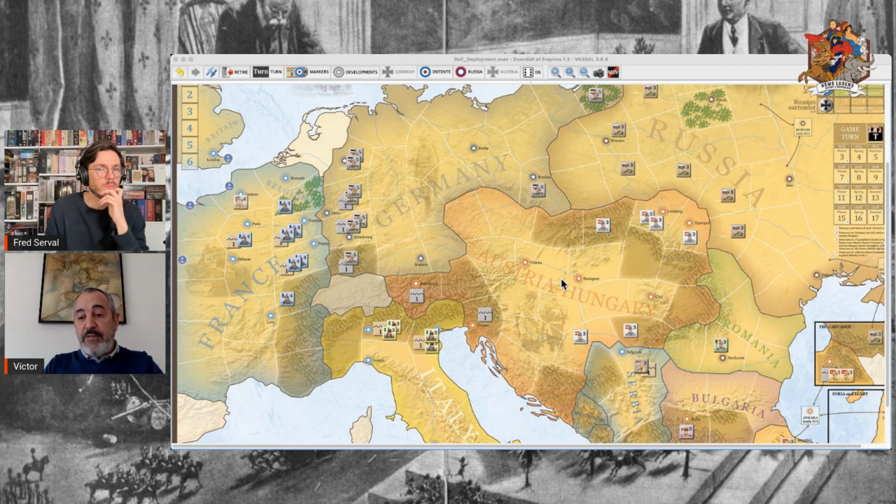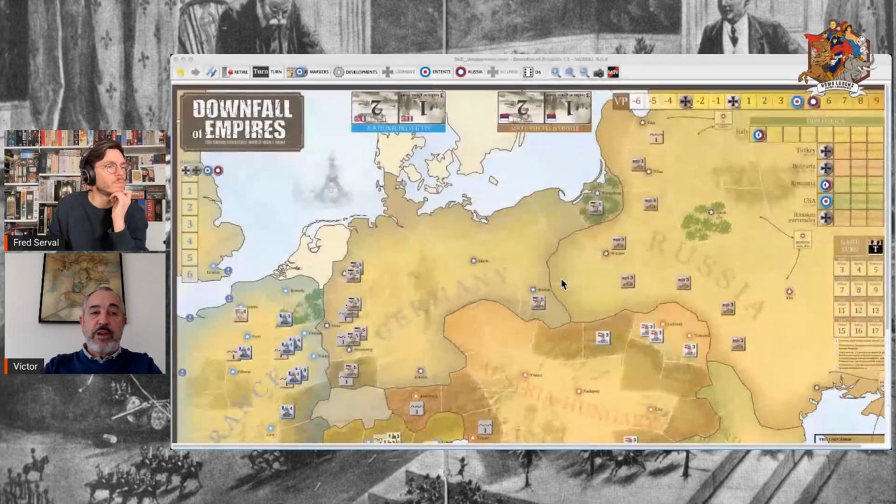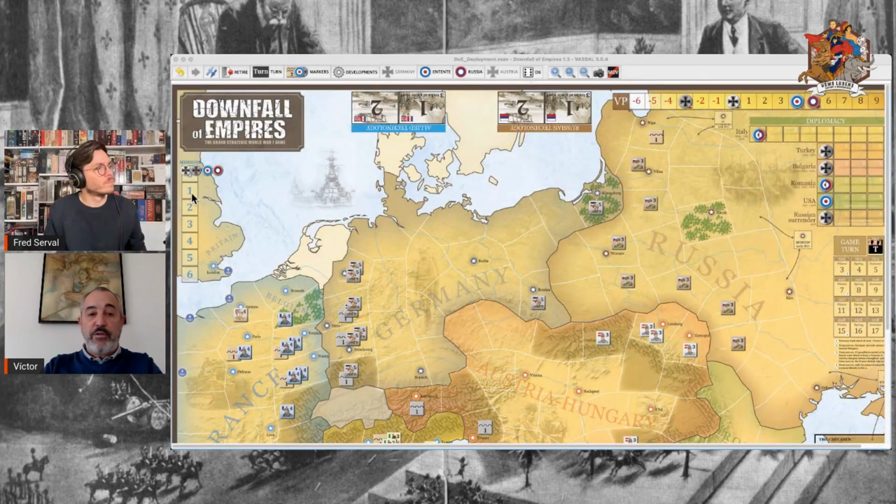There are 6 different actions: recruitment, activation of armies, research, entrench, diplomacy, and missions. Missions are only important when you have the technology of planes or tanks.